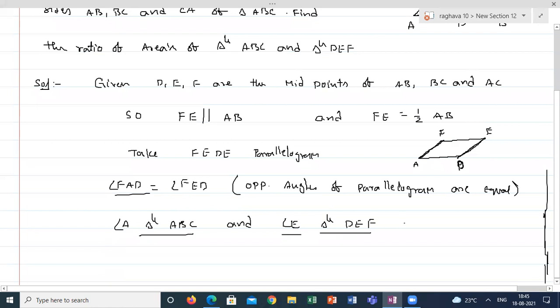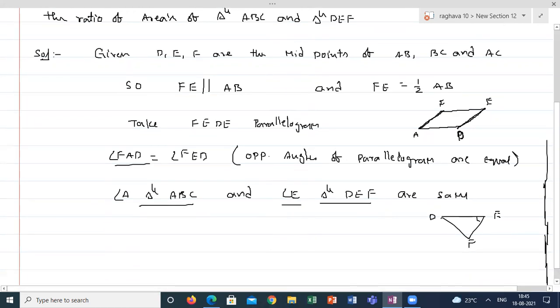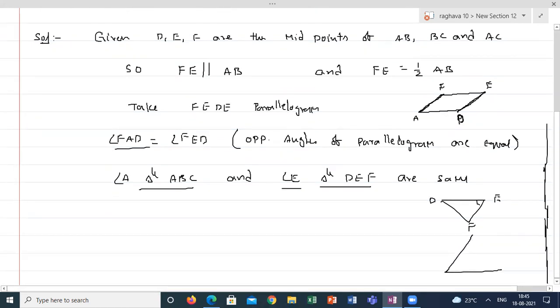Both are the same. So from the triangle ABC, angle A, from the triangle DEF, angle E. This angle is the same as angle A. Sorry guys, this is DEF. This is the angle same.